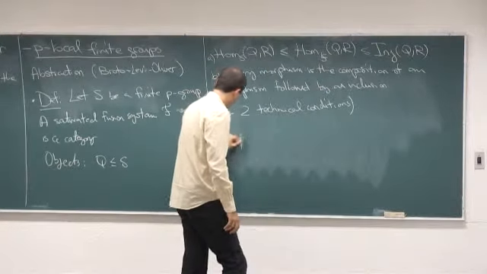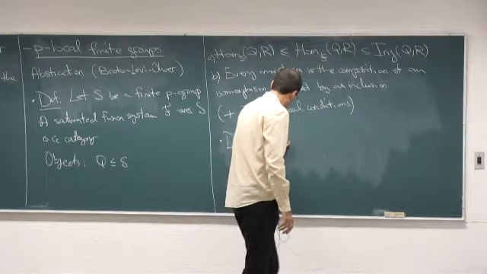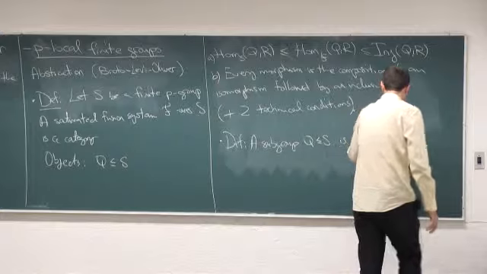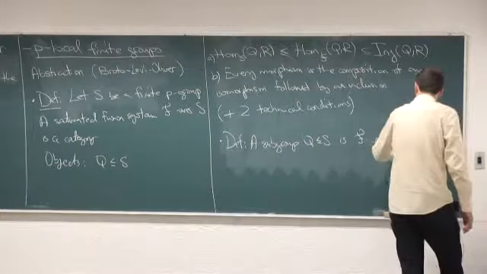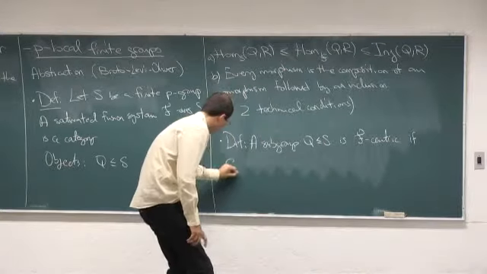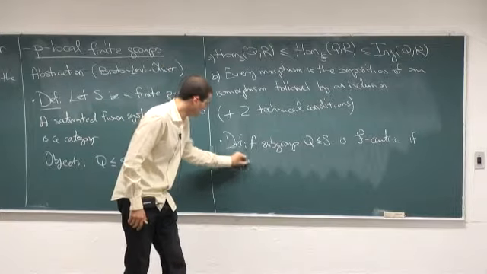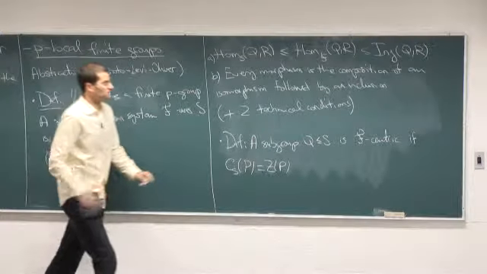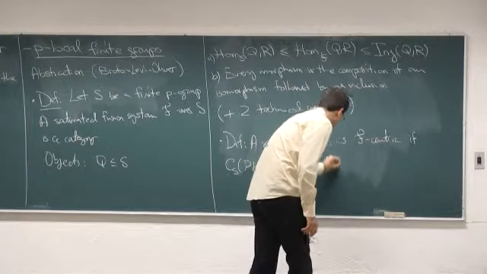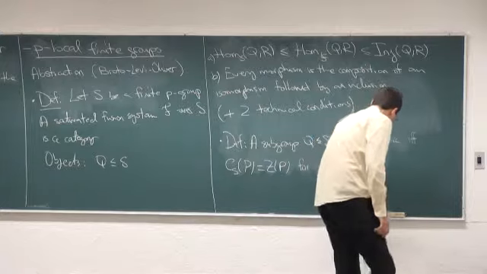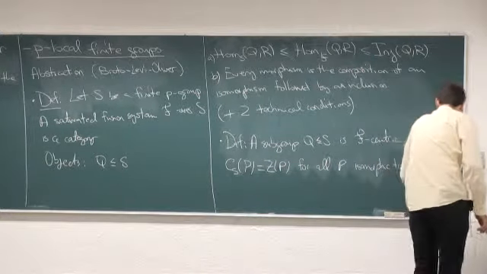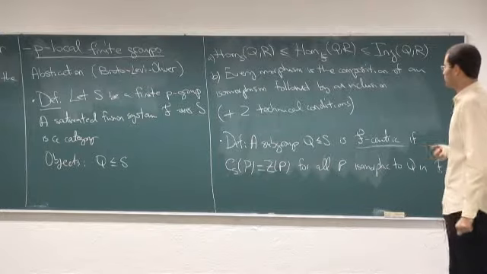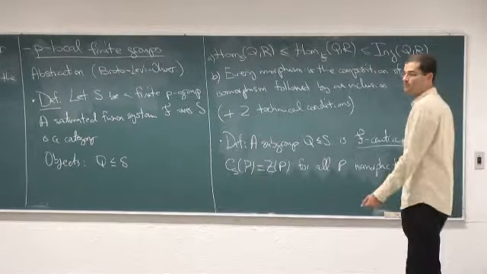So, definition: a subgroup Q of S is F-centric, centric with respect to this fusion system, if the centralizer in S of P is equal to the center of P for all P isomorphic to Q in F. Now this seems quite different from the p-centric definition, but of course in the p-centric definition we had G. Now we don't have G, we cannot use it.